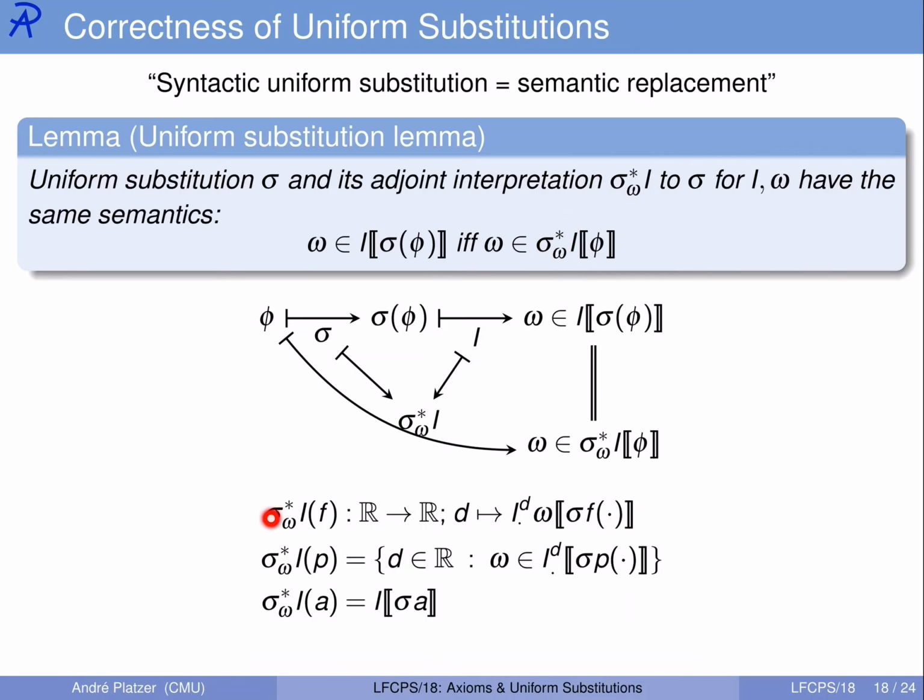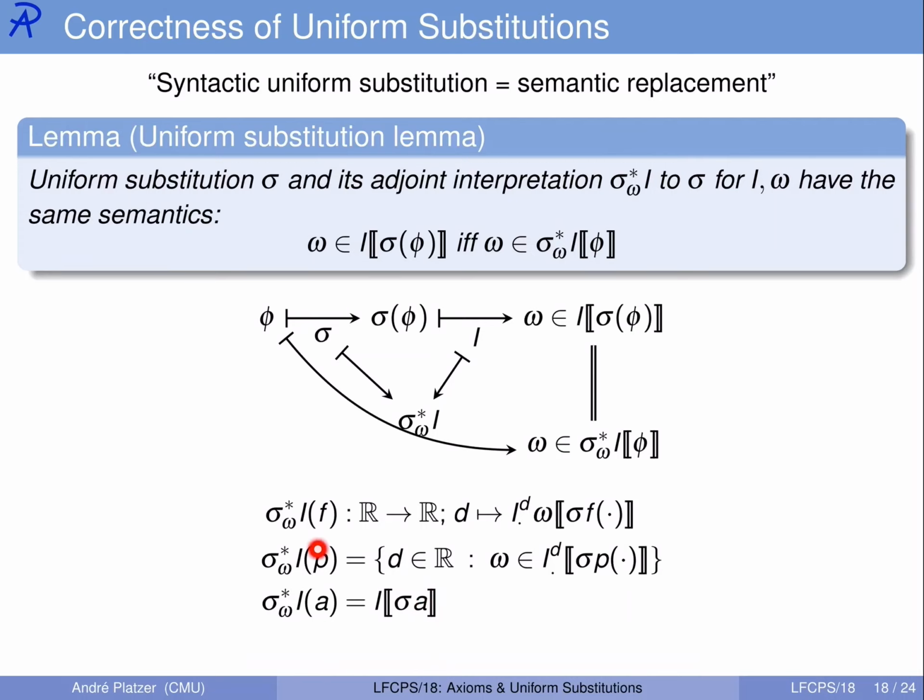In more detail, this adjoint interpretation that runs the substitution on the semantic interpretation as opposed to the syntax says the meaning of the function symbol is the meaning of the substituted function symbol, and the meaning of the predicate symbol is the substituted predicate symbol. And in the easy case, the meaning of a program symbol is the substituted program symbol, so run the concrete program.